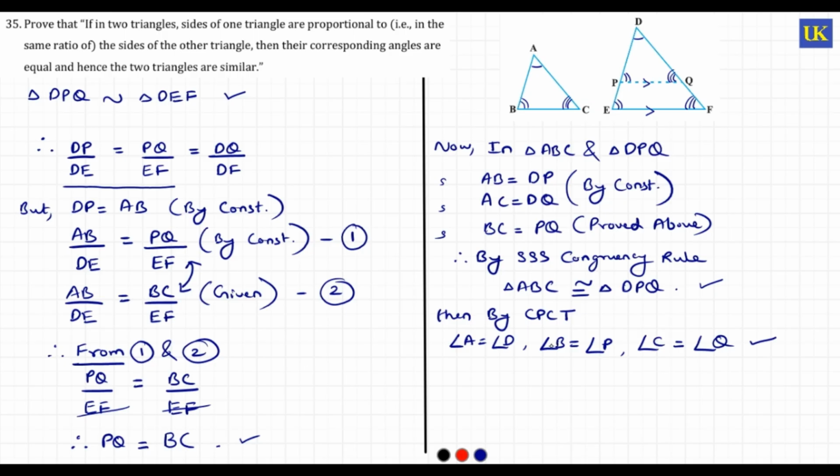The remaining things are the angles, because all the three sides we have already proved equal. So by using CPCT, we can say that even the angles are equal.